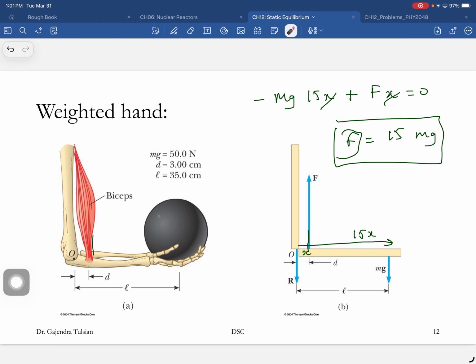So muscles contract when they're applying forces. Okay, so here's the thing. Work done is force times distance. Since your muscles, like Sophia said, can only contract a small distance, they're designed to apply large forces.